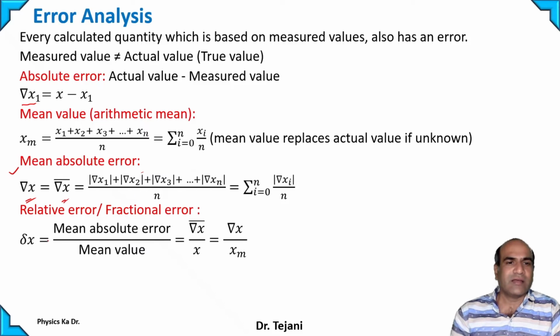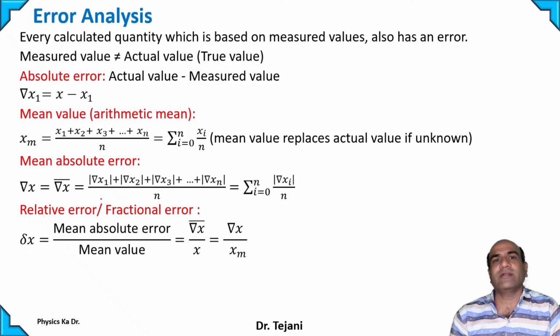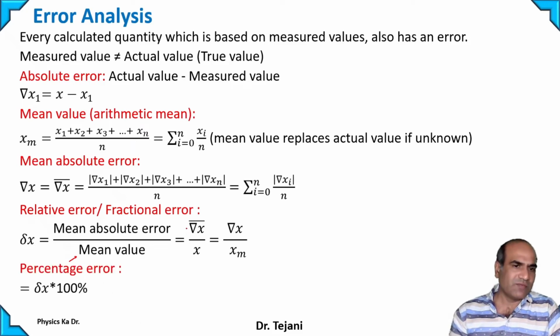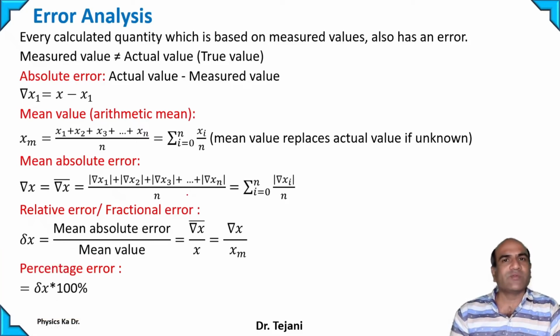And ultimately we need a relative error or fractional error: the mean absolute error divided by the mean value, and if we need it in terms of percentage, we just multiply by 100%. Large numbers of examples were solved in the previous videos. I think you should refer to those to have more understanding.